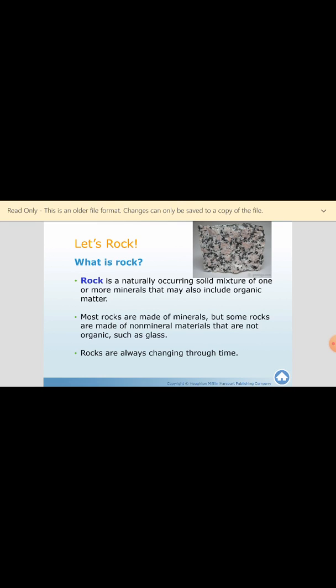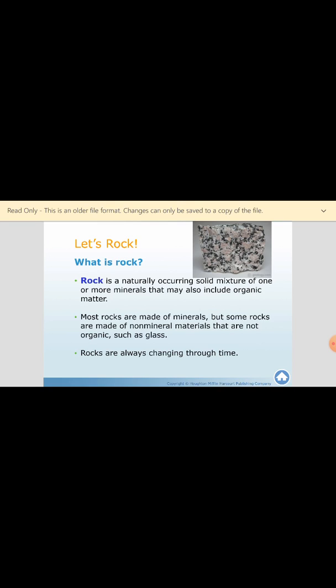It can include organic material because over the years dead organisms or the remains of dead organisms can be buried with the minerals, and over the years they can form rocks.